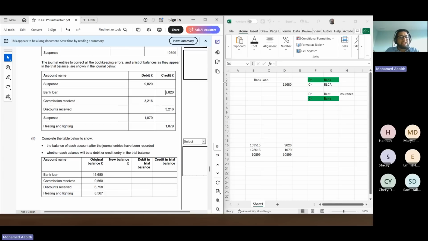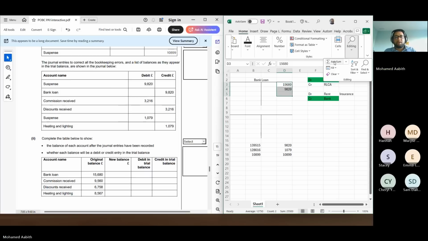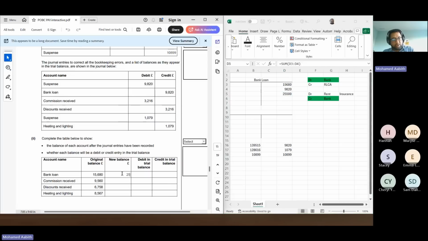If that is entered into the general ledger, it will add to this balance. So that balance is now going to be 25,500. That is the new balance there. And is that going to be debit or credit on my trial balance? It's your debt clicks knowledge again. This is a liability, therefore in the trial balance it's going to be a credit balance.